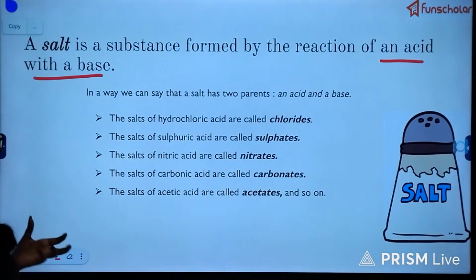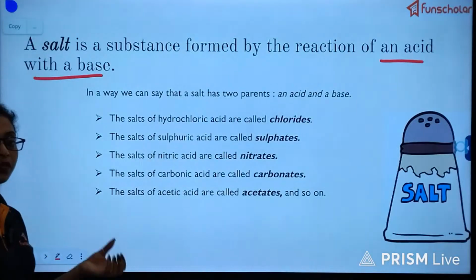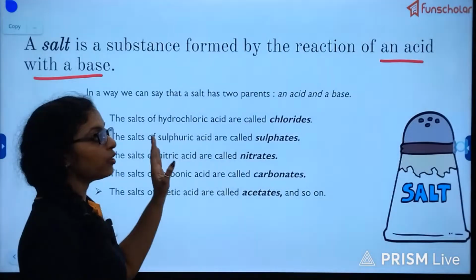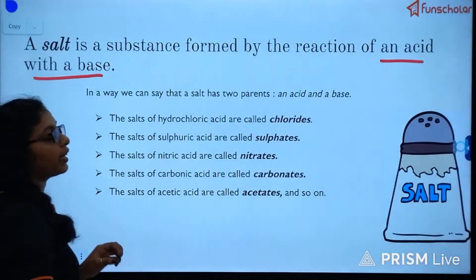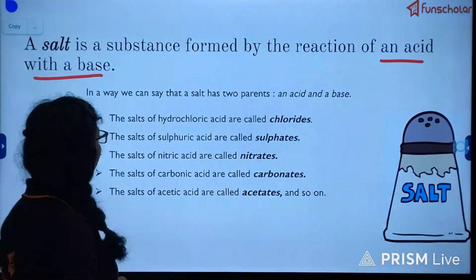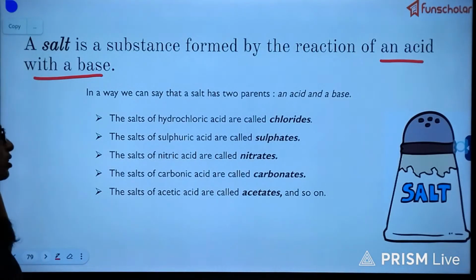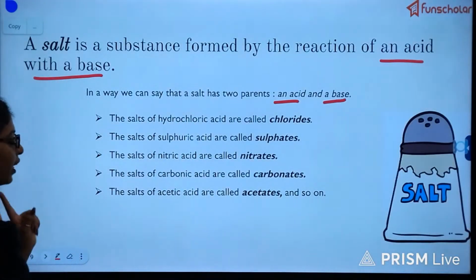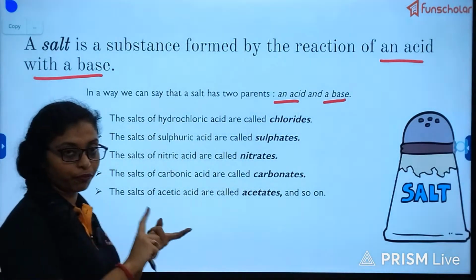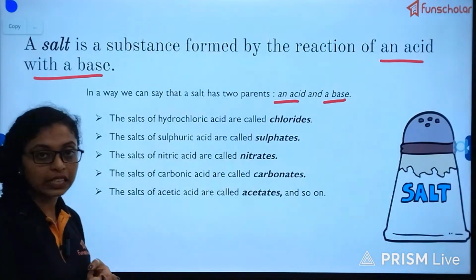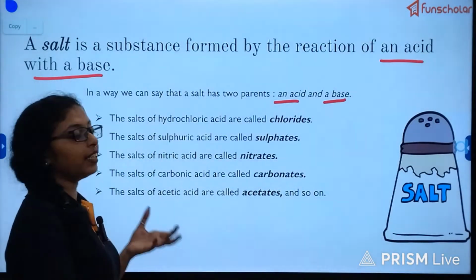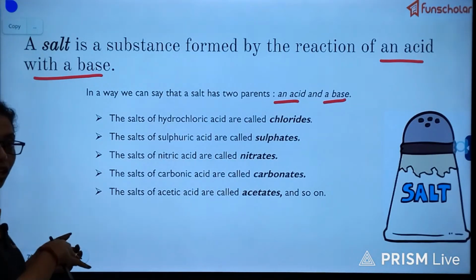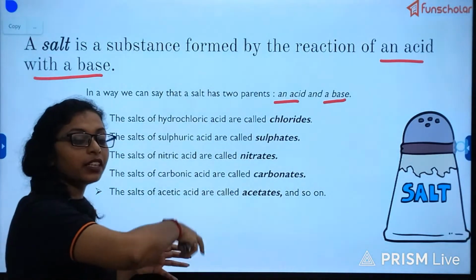No matter which type of acid you mix with which type of base, it will always create a neutralization reaction, and as a byproduct we will definitely get a particular type of salt. So in a way we can say that salt has two parents, an acid and a base. Whenever the acid and base react with each other, they chemically cancel each other out and create the salt.